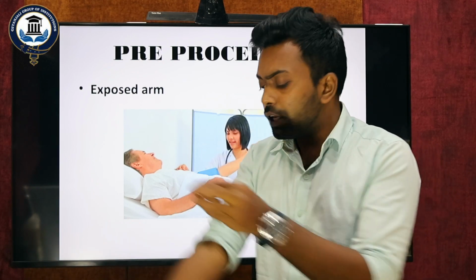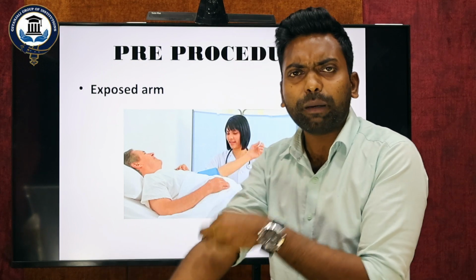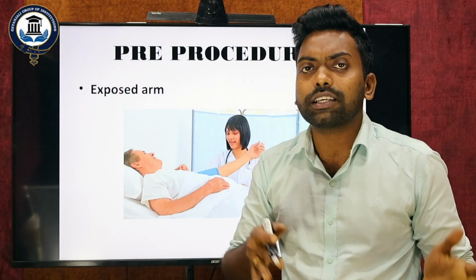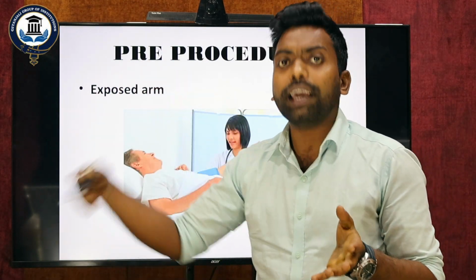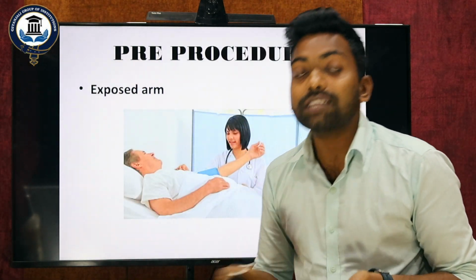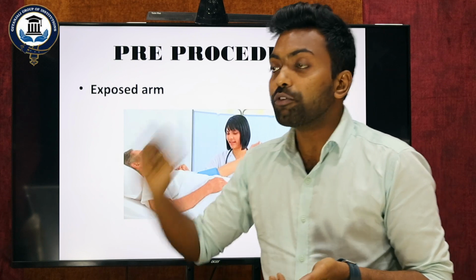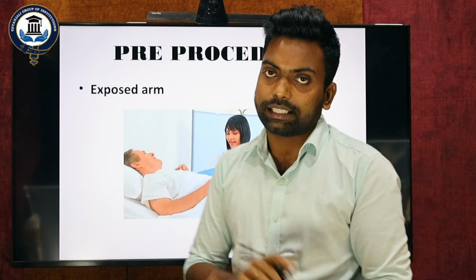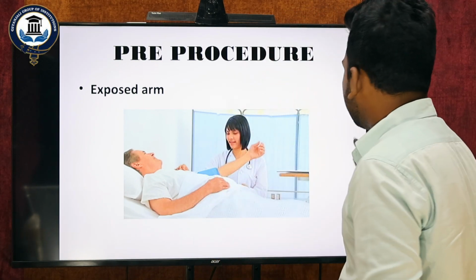If some people have an injury or bleeding, you should not select this area. As I said in the last session, there are other sites for blood pressure checking. You can go for those. For that purpose, make sure that before you check the blood pressure, you expose the particular site. That is very important.